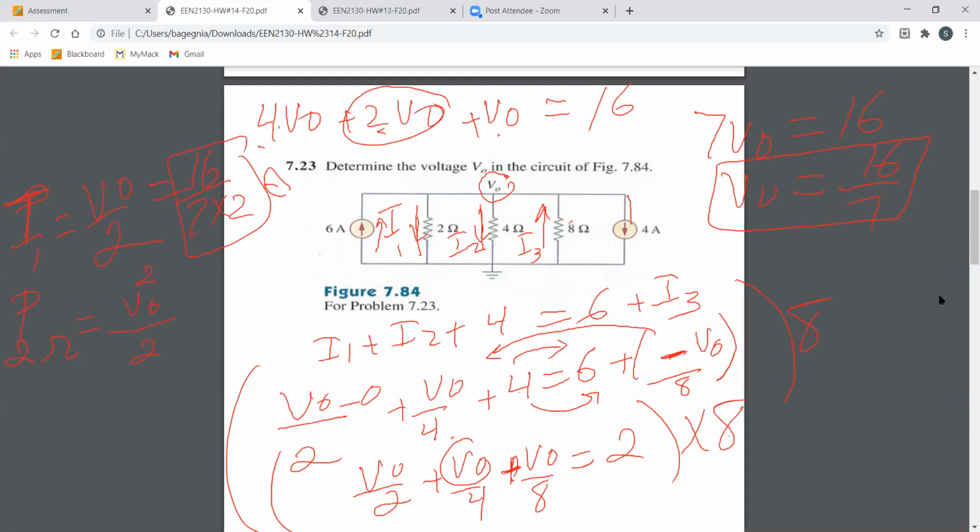This is one way. Or you could use I1 square times 2. Because the voltage across the 2 ohm resistor is V0 minus 0, which is V0. Okay. Any question regarding this problem? No. Good.